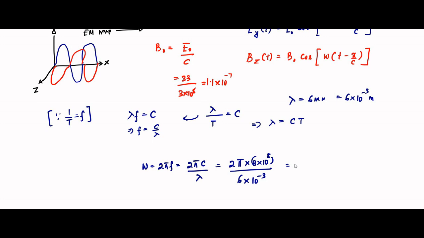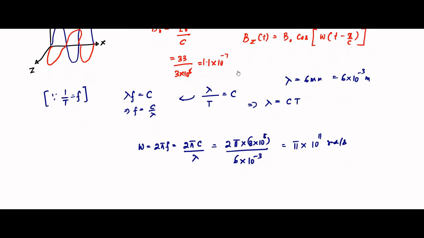It is coming around pi into 10 to the power 11 radian per second. So we have got omega, we have got B0, we have got E0. Now we can write the electric and magnetic field equations.